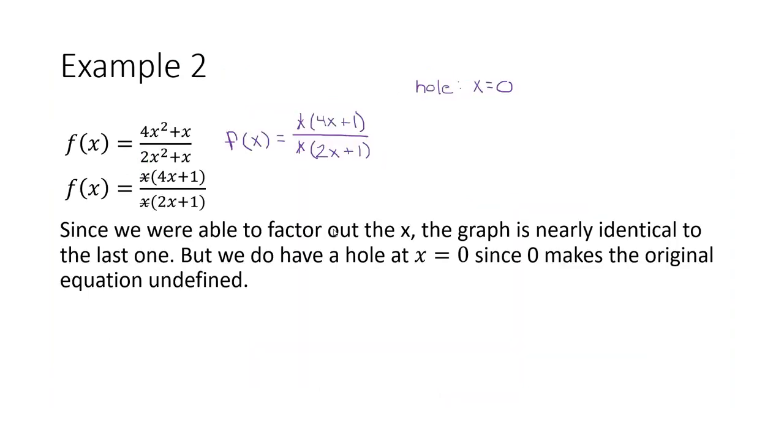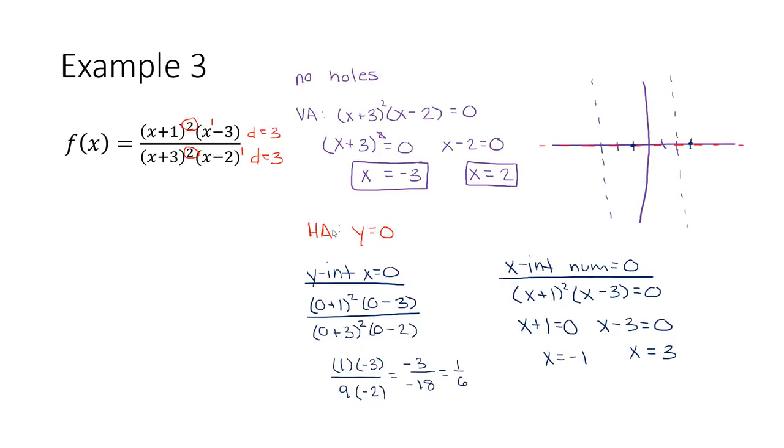And then same thing for this example. The degrees are equal. So we should actually have a horizontal asymptote at the ratio of the leading coefficients. So that is y equals... In this case, there's nothing in front of our x's, so that's 1 over 1.